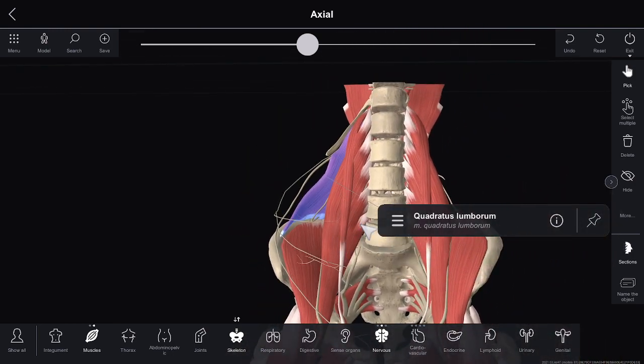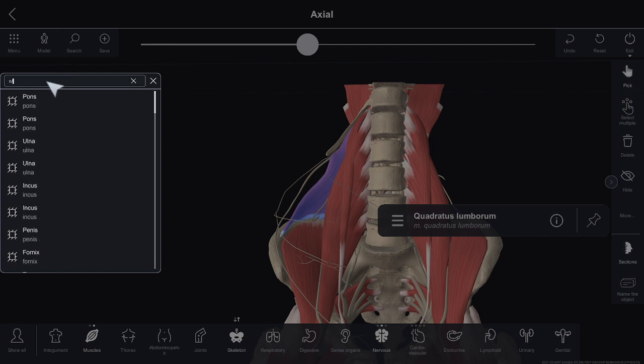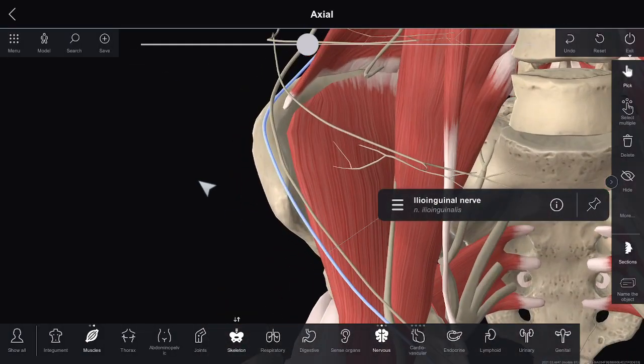Next nerve. So from up to down, subcostal, iliohypogastric and ilioinguinalis. Nervus ilioinguinalis. Here it is.